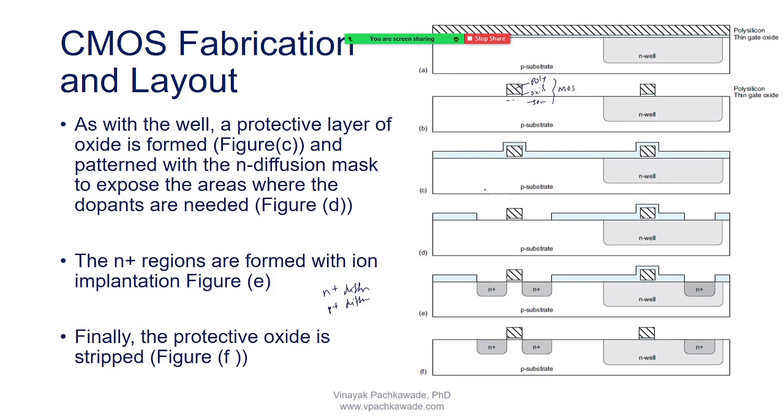Yeah. So we have the SiO2 grown here. Look at the figure C. And then we have pattern because we have deposited the photoresist. And then we took the N diffusion mask and we put it somewhere here where we want the active areas to be fabricated. And then we allowed the light rays to come all over the wafer.